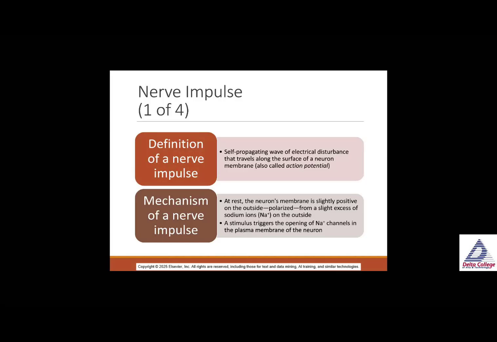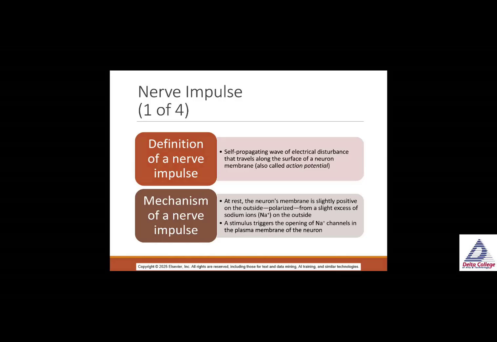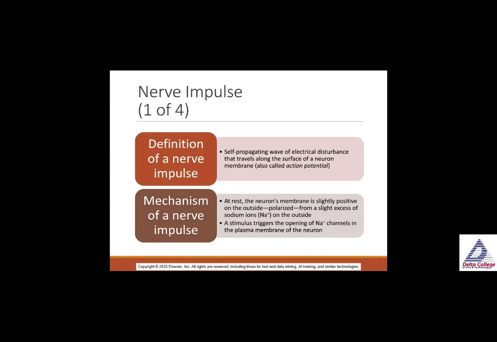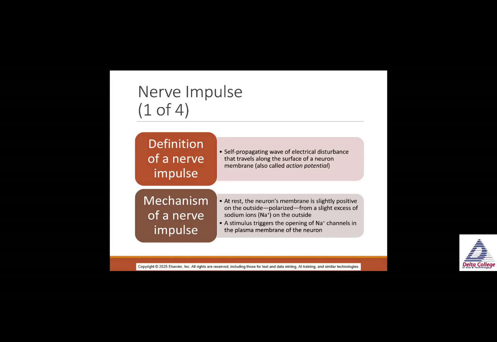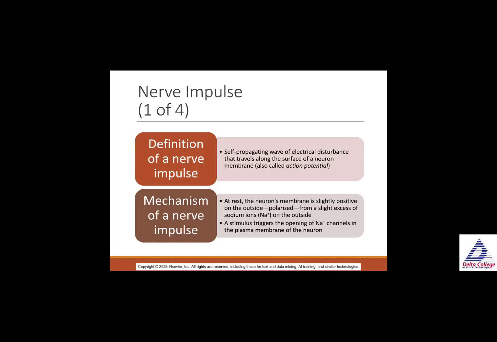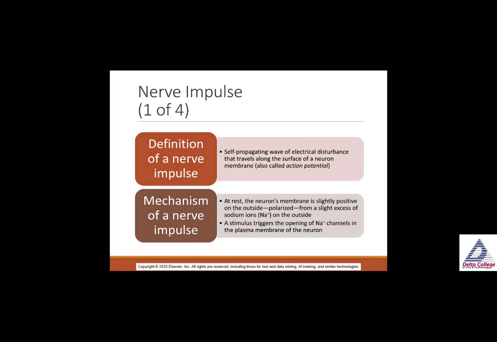So let's talk a little more about our nerve impulse itself. So the definition of a nerve impulse is a self-propagating wave of electrical disturbance that travels along the surface of a neuron membrane, also called action potential.